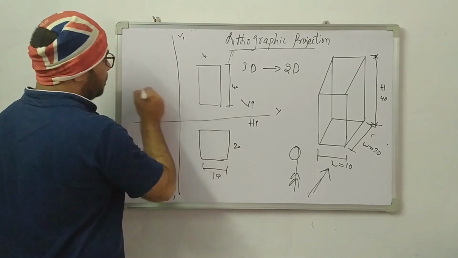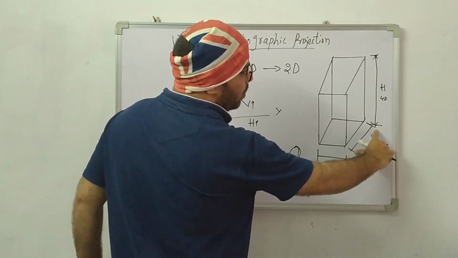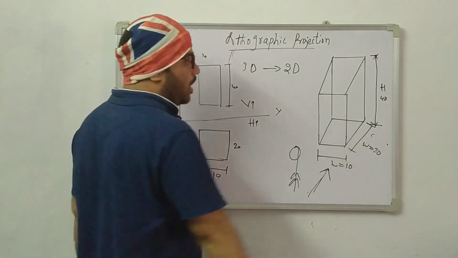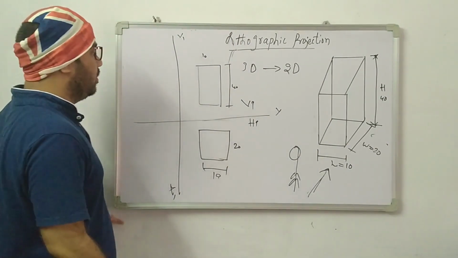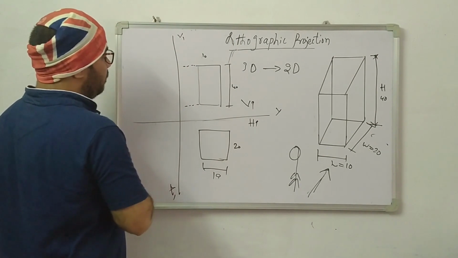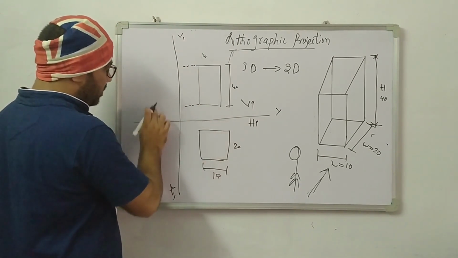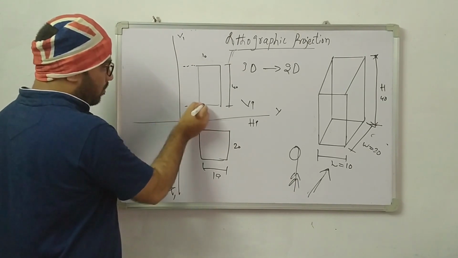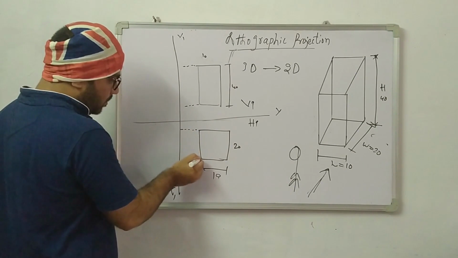Now to construct the side view, what is the side view? This is the side view. In the side view we have width how much? 20 mm, and height is how much? 40 mm. Now we are going to construct that width and height. So here, at this height, maintain the same height and draw the horizontal lines, and here also draw the horizontal lines.